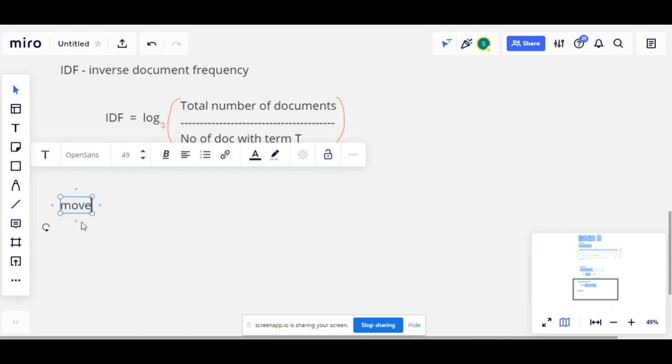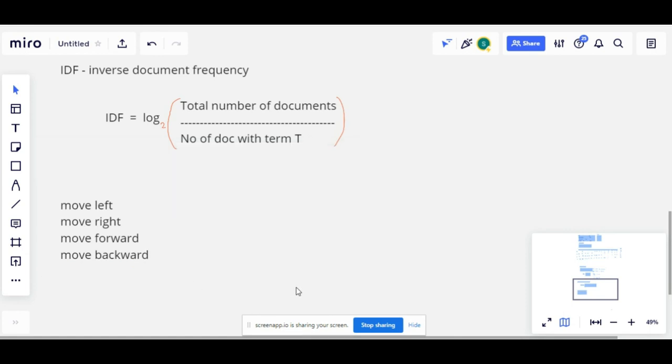For example: move left, move right, move forward, and move backward. So there are four documents.